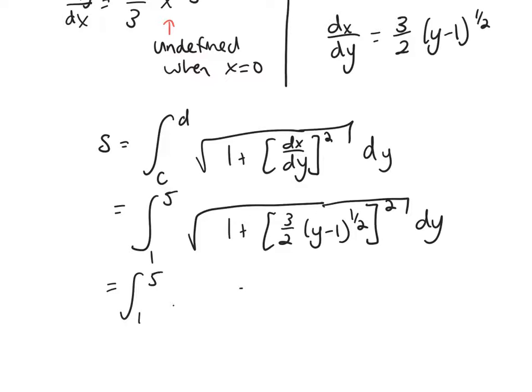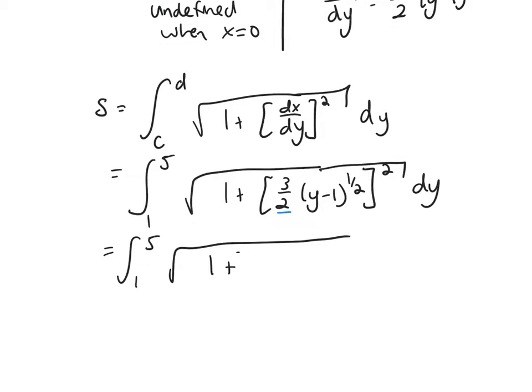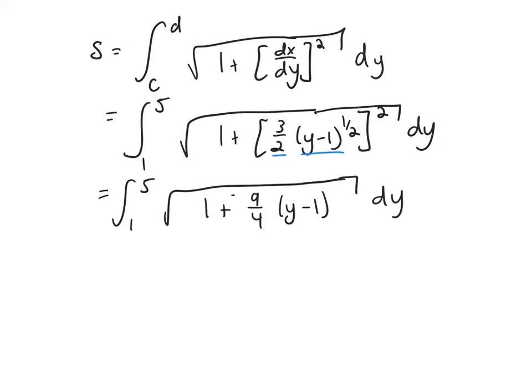Let's simplify this 1 plus. We're going to square 3/2, so we get 9/4. Now we square this, so the square root goes away, and it just becomes y minus 1. I'm going to combine the two constants: I have 1 and a negative 9/4 because of that distributing.